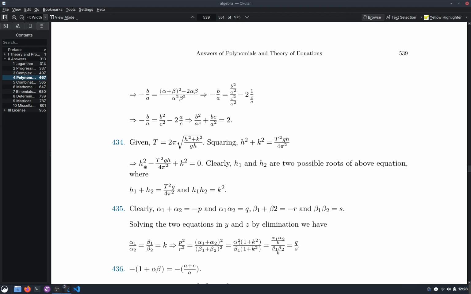So that becomes h square minus t square g h by 4 pi square plus k square is equal to 0. Since it is a quadratic equation, there will be two possible roots, h1 and h2. And the sum of roots will be given by minus of this term, that is t square g by 4 pi square, and h1 h2 would be k square. Straightforward problem.